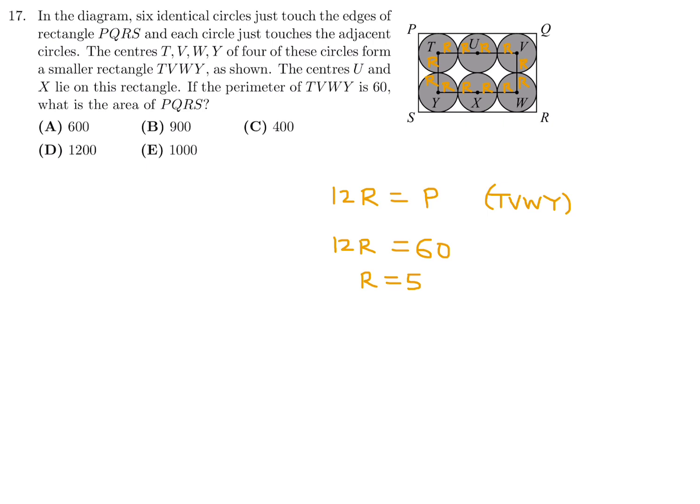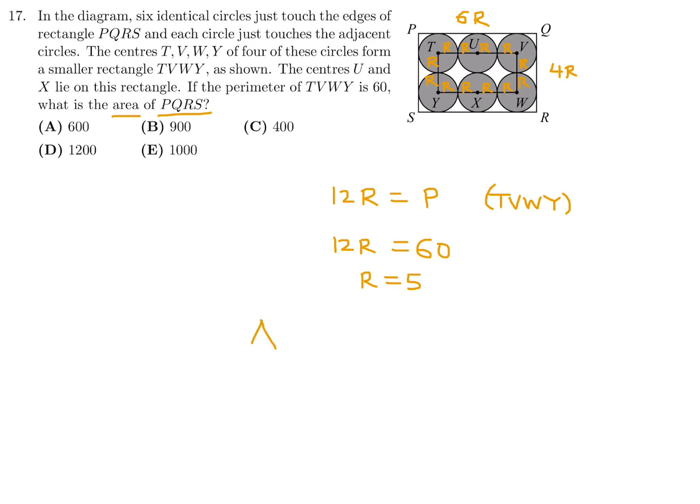Now they want you to find the area of PQRS. Well, PQRS, those dimensions are going to be 1, 2, 3, 4, 6R on this side, and 1, 2, 3, 4R on that side.